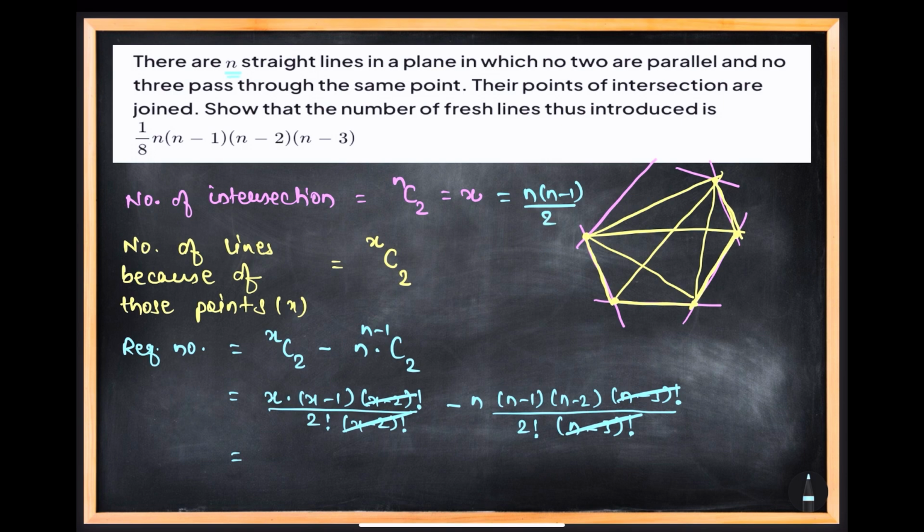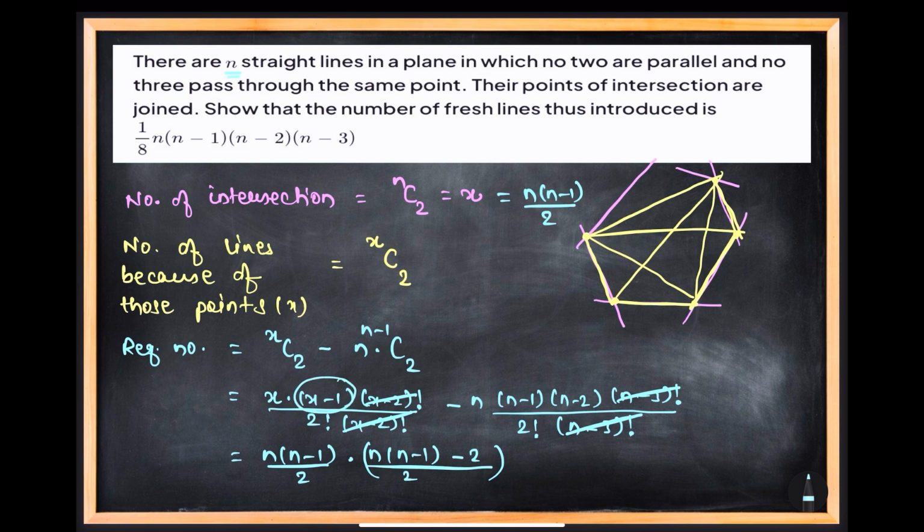So can I write n into n minus 1 by 2? Okay, so this is x by 2 into n into n minus 1 by 2 minus 1. So this minus 1 will become, if I take LCM, minus 2.